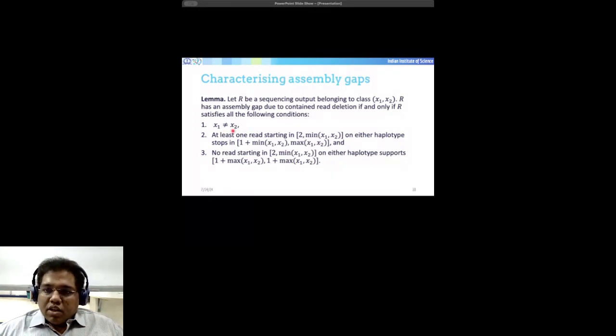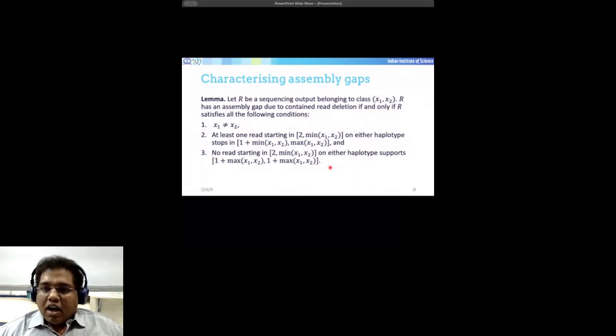The first condition guarantees that the support for the relevant interval can potentially be lost. The second condition guarantees that a contained read which originally supported the relevant interval, minimum(x1, x2), minimum(x1, x2) plus 1, is being deleted. And the third condition guarantees that no read supports the relevant interval after contained read deletion. So these three conditions will guarantee that there is an assembly gap.